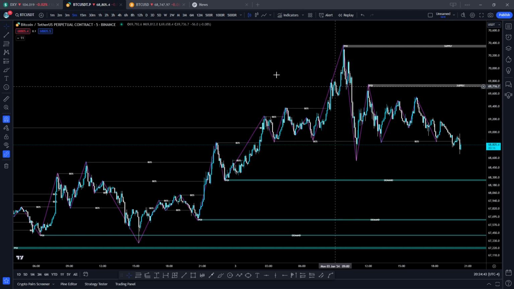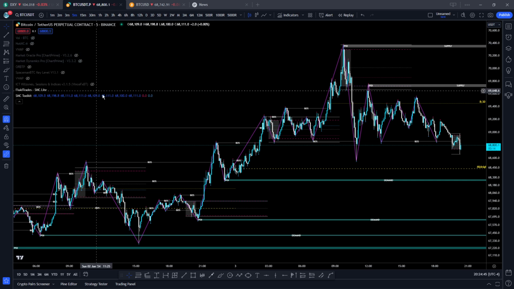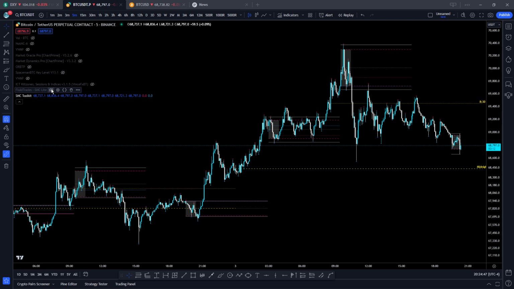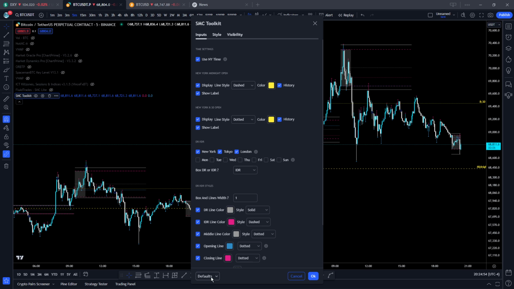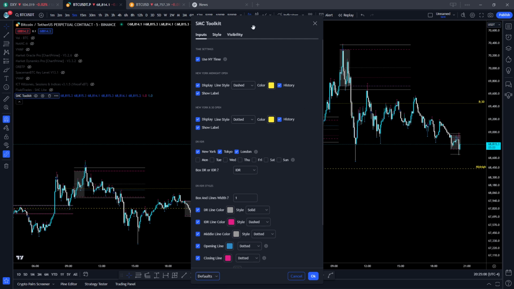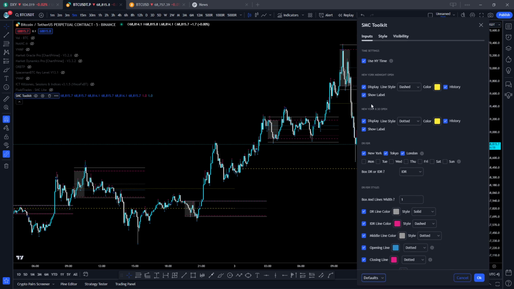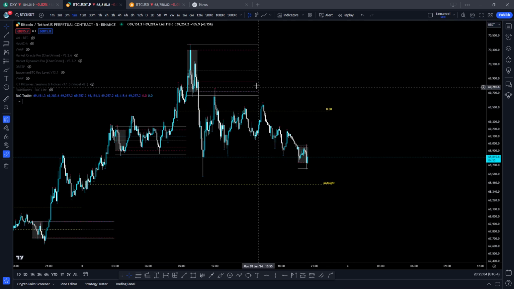Click on that. Let's get rid of the zigzags real quick so we can just see this one. Now I am going to reset the settings. All right. Didn't look like it changed anything.